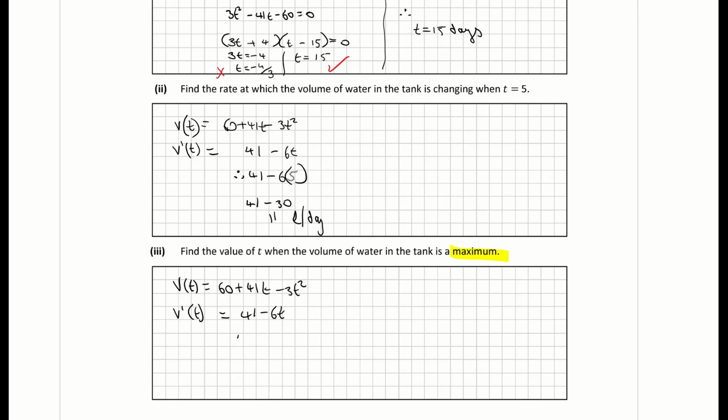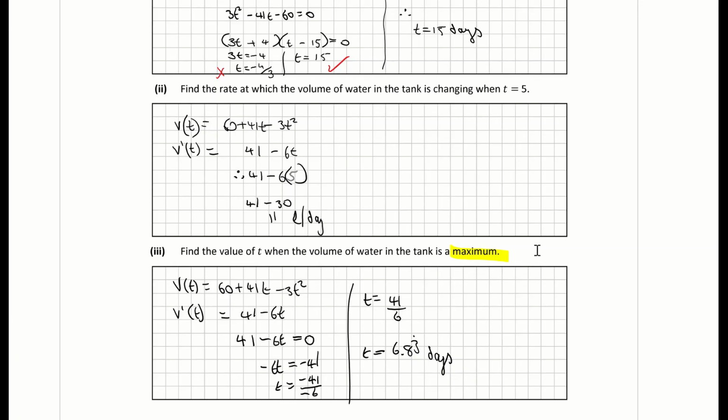The maximum turning point is when the slope is 0, so I'm going to let that equal 0. Solve for t, which is minus 6t is equal to negative 41. I'm going to divide both sides by minus 6. So t is equal to, minus divided by minus is a positive, 41 over 6, which is approximately t is equal to 6.83 recurring days. So about 6.8 days.